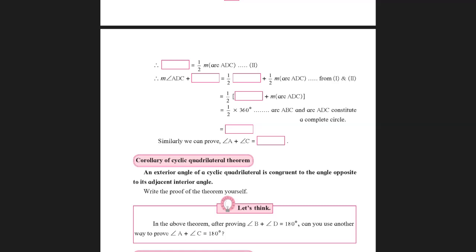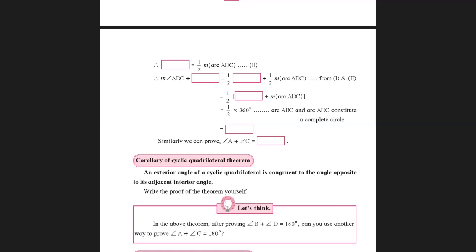This equals half, taken outside the bracket, of the measure of arc ABC plus the measure of arc ADC. Now that is equal to half into 360, because ABC and ADC together constitute a complete circle. So half into 360 equals 180 degrees.